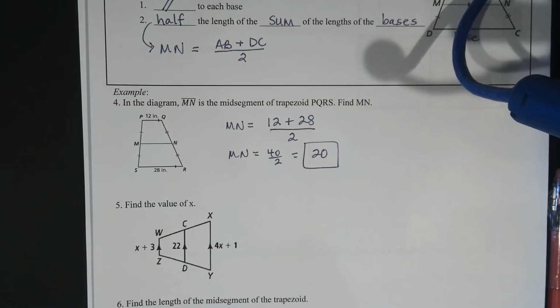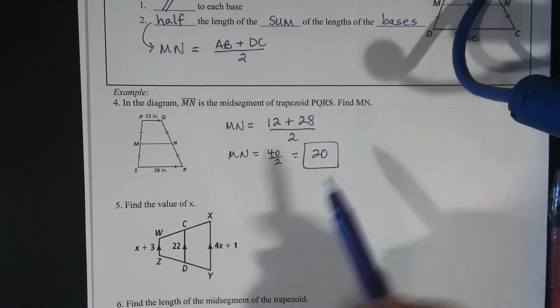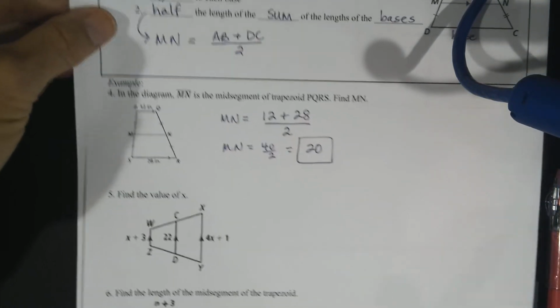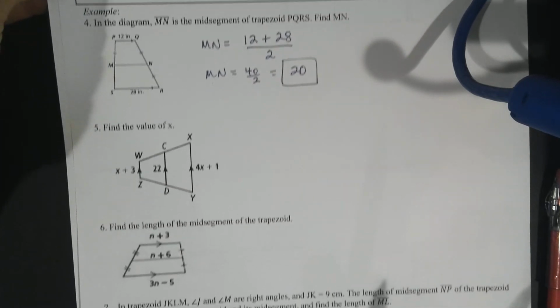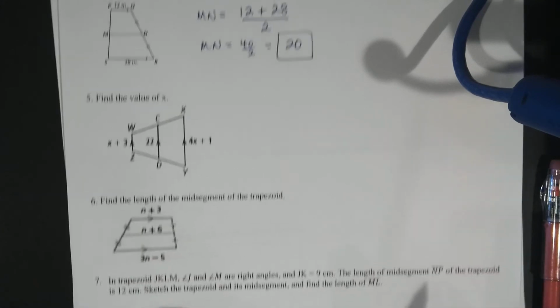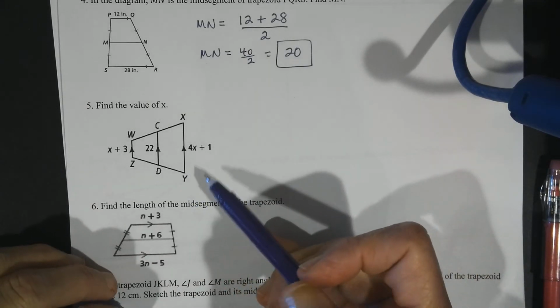Now it's going to be a tiny bit harder because we've got unknowns. If we have unknowns here, we can still solve it with our algebra. Same equation, and it doesn't matter if it's sideways either.